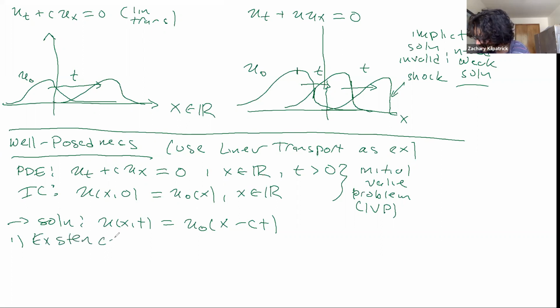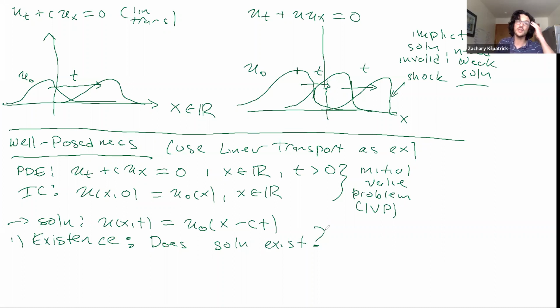As I said yesterday, or I guess on Monday, existence of solutions is the first condition we need to address in the case of well-posedness. Can I even get a solution to this problem?